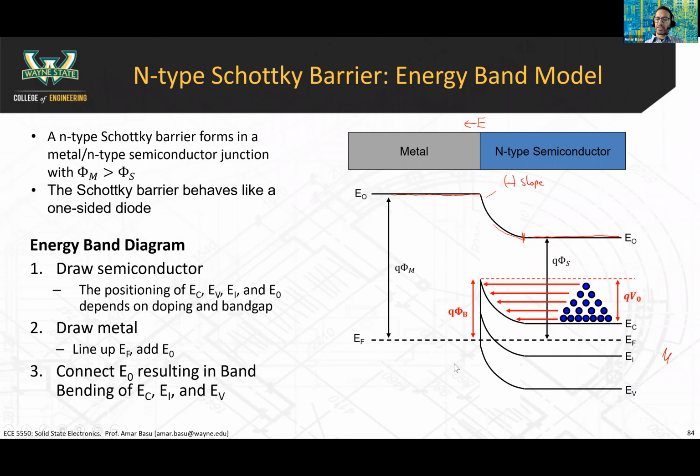Most of the electrons occupy energy states below here. There may be some above the Fermi level as well, but most of the electrons are below, like this. So the electrons on this side of the junction have a barrier as well, and that barrier prevents the electrons from going from left to right.